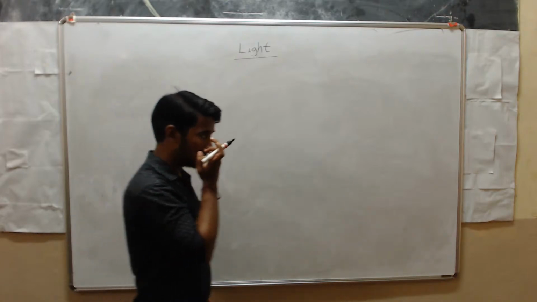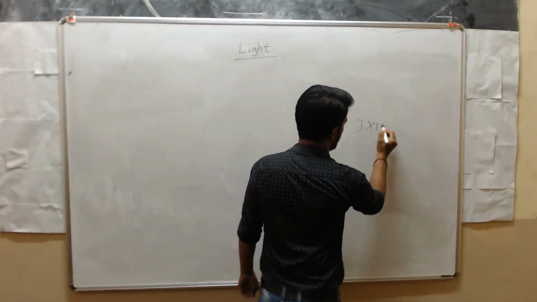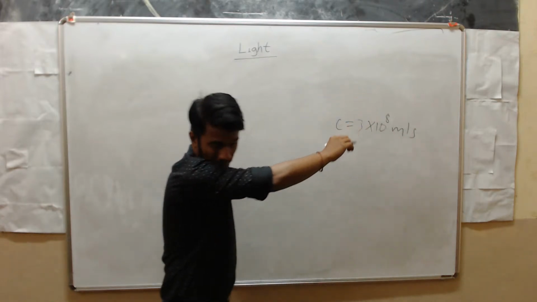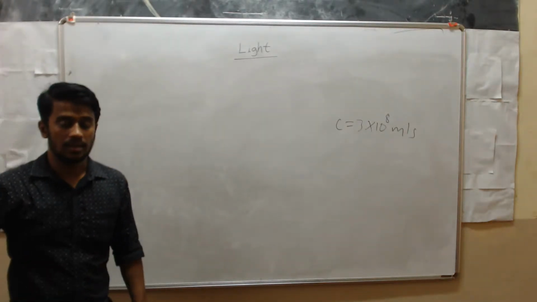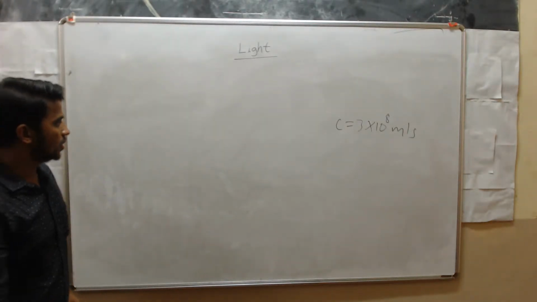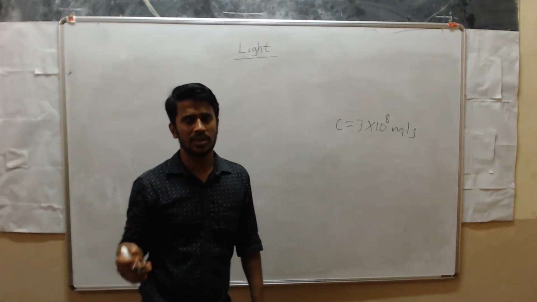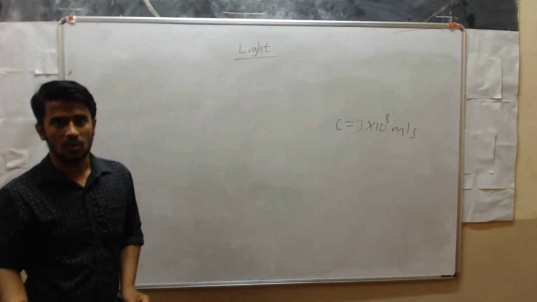Why? Because in air and vacuum, the speed of light is 3 into 10 raised to the power 8 meter per second. This is the speed of light, which is maximum in air and vacuum. So here you have to consider one medium as air or vacuum. Then the second can be any medium, for example, water, glass, diamond, whatever it is.